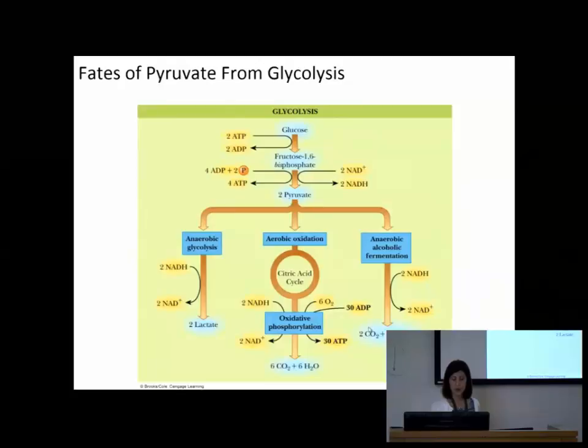What we're going to study next, the next chapter, is aerobic oxidation. You have to have oxygen around. This is going to happen in the matrix. We're going to study the citric acid cycle that then is going to feed reduced coenzymes into our electron transport chain to make, wow, look at that, 30 ATPs. It is definitely worth it to have oxygen around.